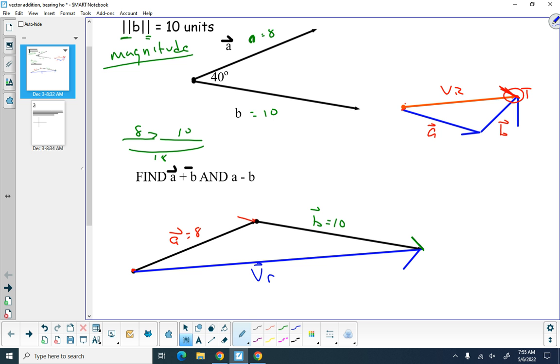If I compare the magnitude of VR to 18, can VR equal 18, or is it going to be greater, or less than 18? Would it be equal to 18, less than 18, or greater than 18? Less than, smaller than 18.